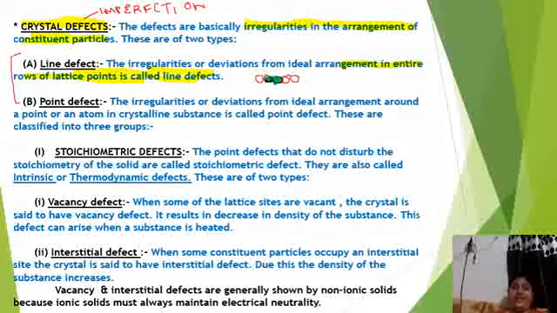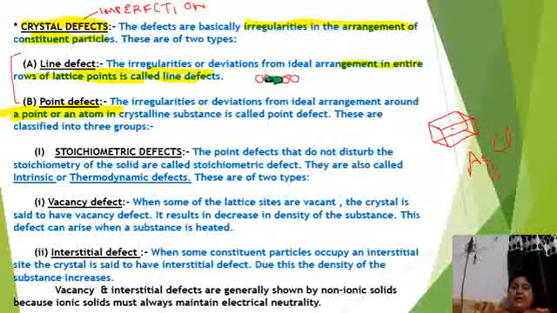While in point defect, the irregularity arises at a particular point of any atom, सब जगह से नहीं होगा. For example, हमने एक क्रिस्टल लिया है, we have taken a crystal, suppose this is the crystal of silver chloride, AgCl.